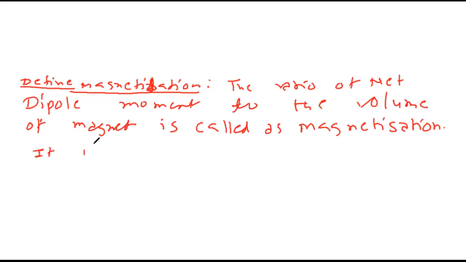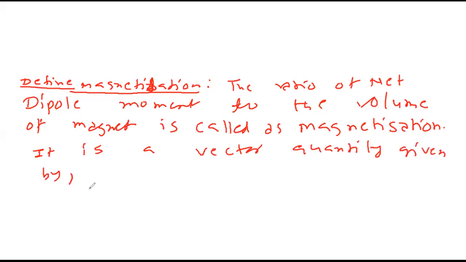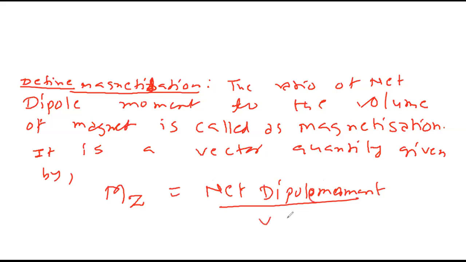It is a vector quantity given by M suffix z equals net dipole moment upon volume, that is m upon v. Its SI unit is ampere per meter.